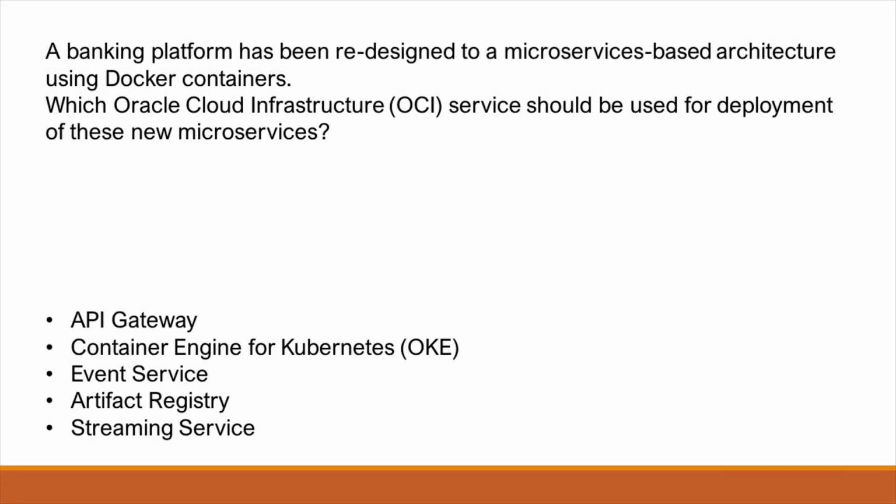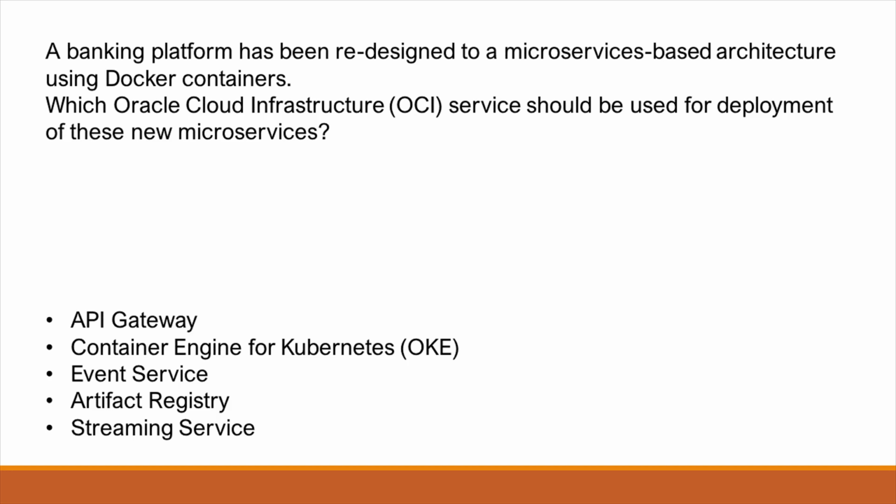Let's talk about this question. A banking platform has been redesigned to a microservices-based architecture using Docker containers. Which Oracle Cloud Infrastructure (OCI) service should be used for deployment of these new microservices? Options we have for this question are: API Gateway, Container Engine for Kubernetes, OCI Event Service, Artifact Registry, Streaming Service.